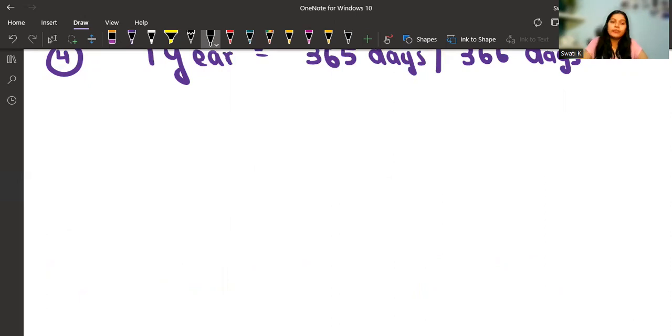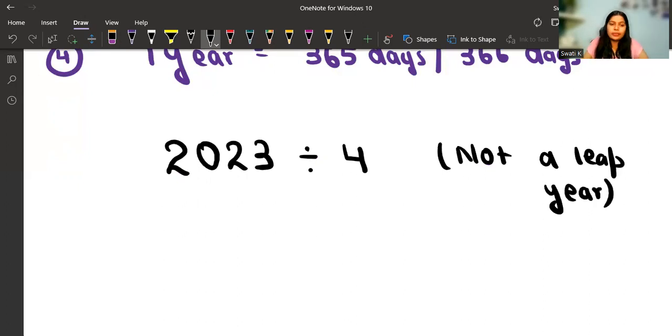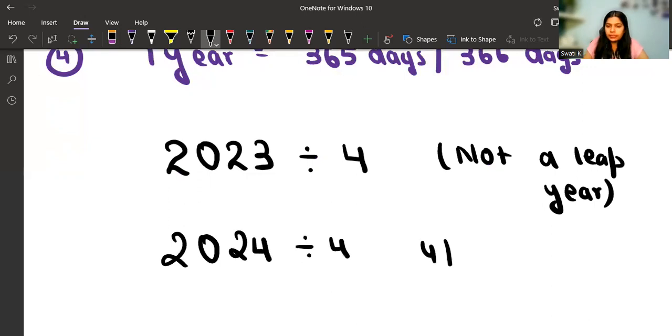All right. For example, currently it is 2023, right? So if you divide 2023 by 4, you can see it is not divisible. That is why it is not a leap year. But if you take this example, 2024, and divide it by 4, you can clearly see that it is divisible. 4 times 5 is 20. Subtract, you get 0.